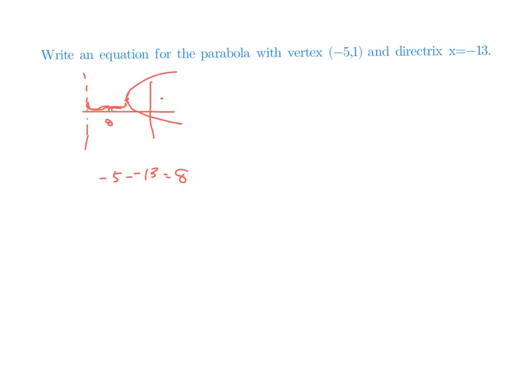A parabola that's opening to the right is going to have y squared equals 4p times x. And we know the shift off the origin is going to be y minus 1 squared equals 4p times x plus 5.